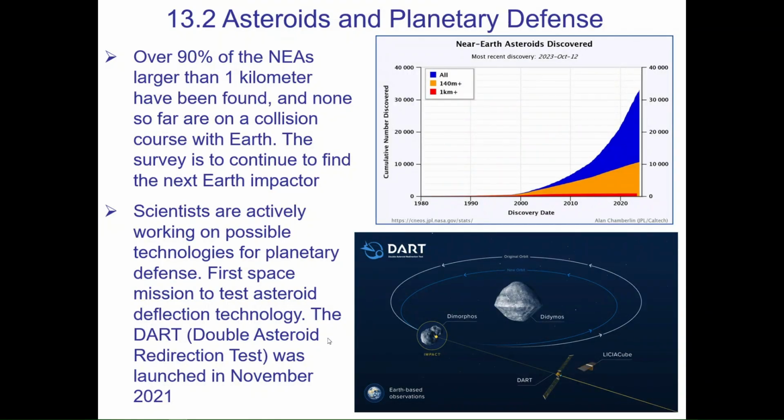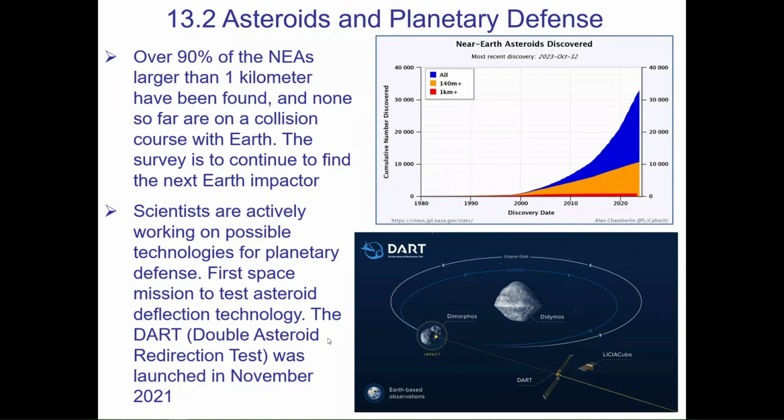The most straightforward way you can think of to deflect an asteroid heading towards the Earth would be to crash a spacecraft into it. So it can either slow it down or speed it up, and slightly change its orbit.